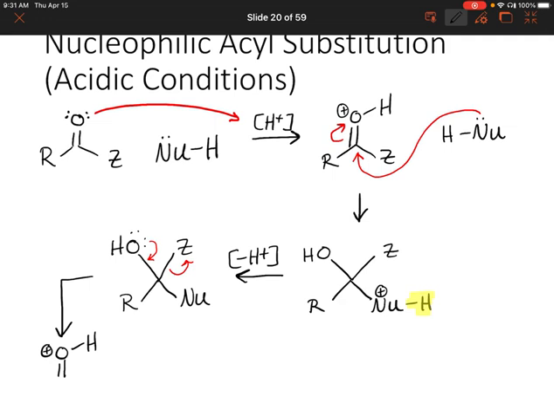But oxygen still has that hydrogen attached, so it's still positively charged. So finally, we're going to remove the hydrogen on oxygen, and that will give us our final product.